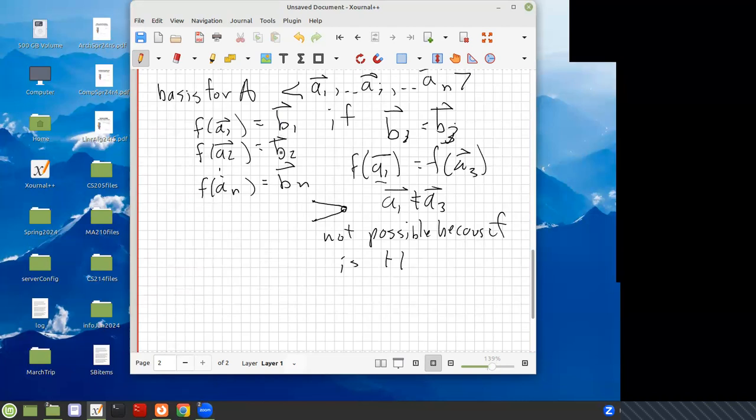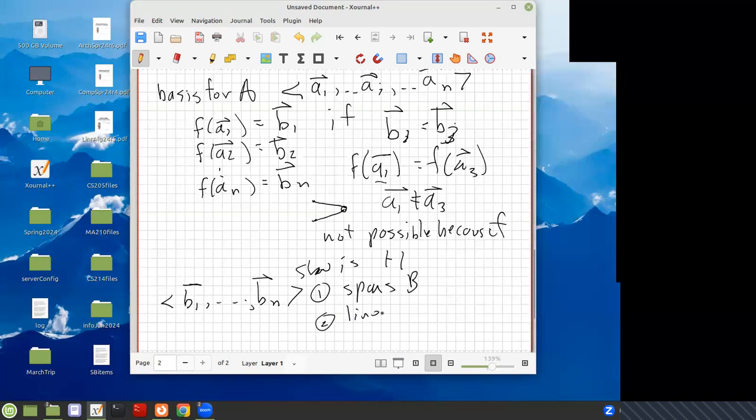But how do we know that they're a basis for B? The only way we have to show it's a basis is to show that this sequence of vectors, one, spans B, and two, that they're linearly independent.